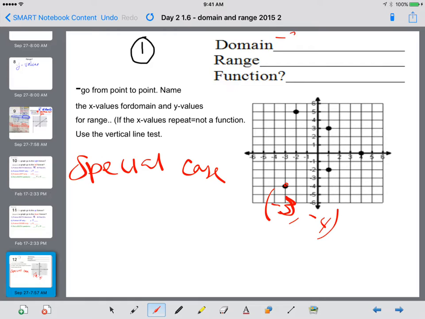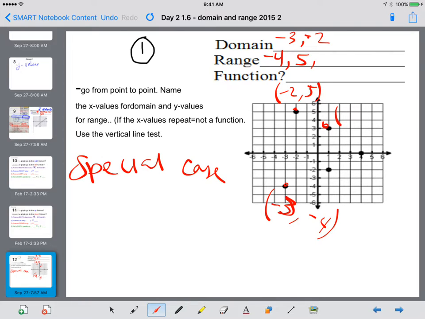So -3 would go in the domain, -4 would go in the range. And I do that for all of the points. This point is at -2 and the y value is 5. So I'm going to put -2 in the domain and 5 in the range.